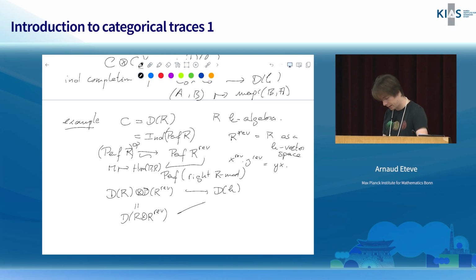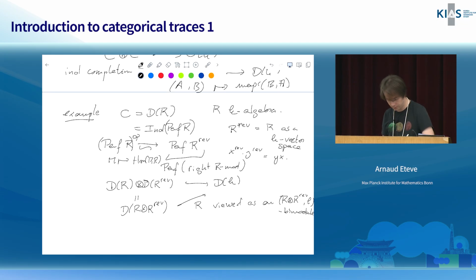And so this functor here, this slanted arrow functor, is given by a bimodule, which is just the bimodule R itself, R viewed as an R tensor R rev, comma K bimodule. So that's for the evaluation.